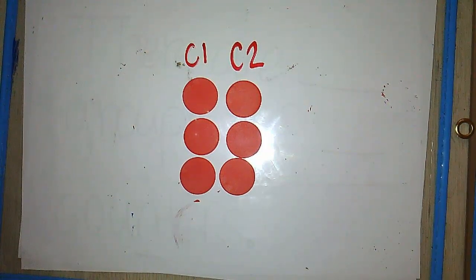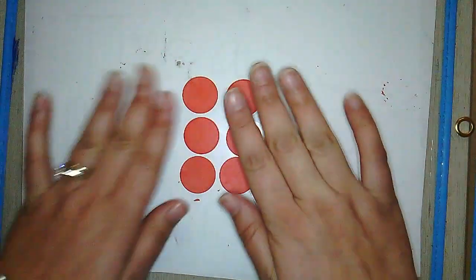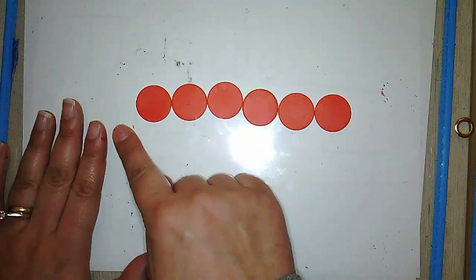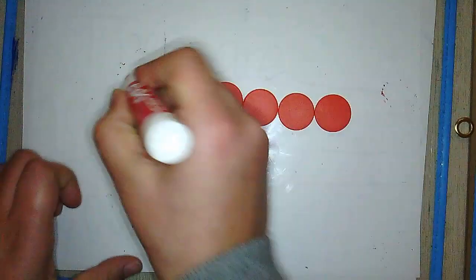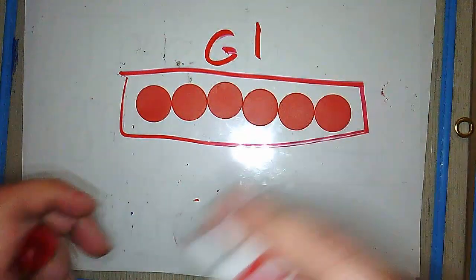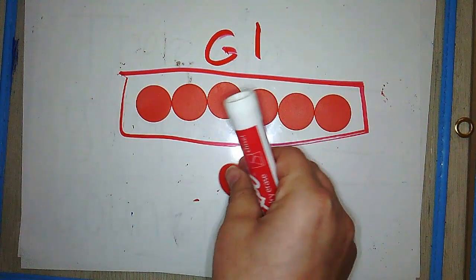Is there another way I can group the counters other than 2 groups of 3? Well, let's think, boys and girls. Look at this. You can say, oh, I have 1 group of 6.